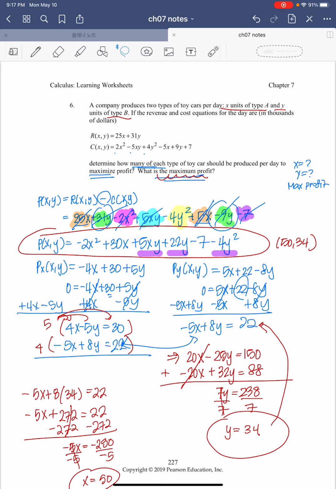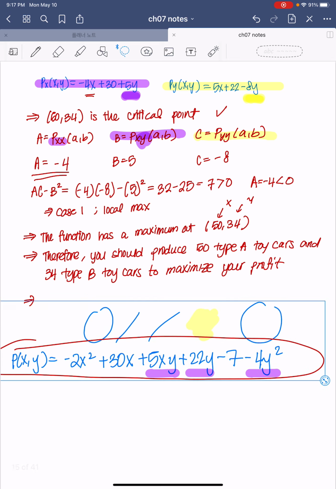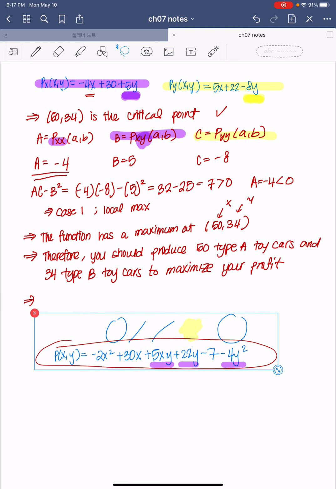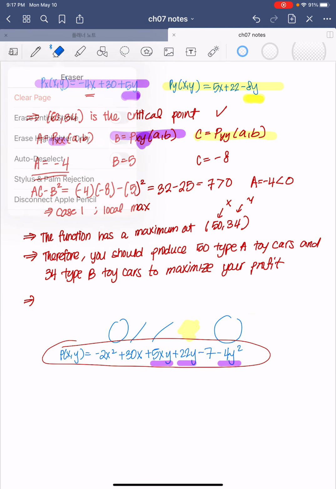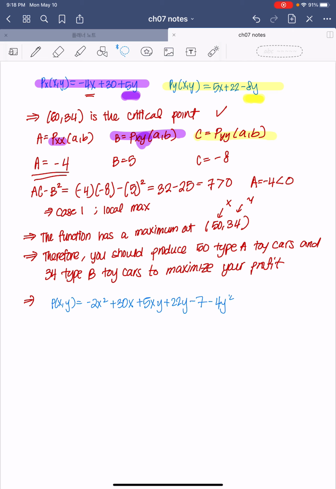So that will be the last part. This was our profit function, and we are going to plug it in with 50, 34.